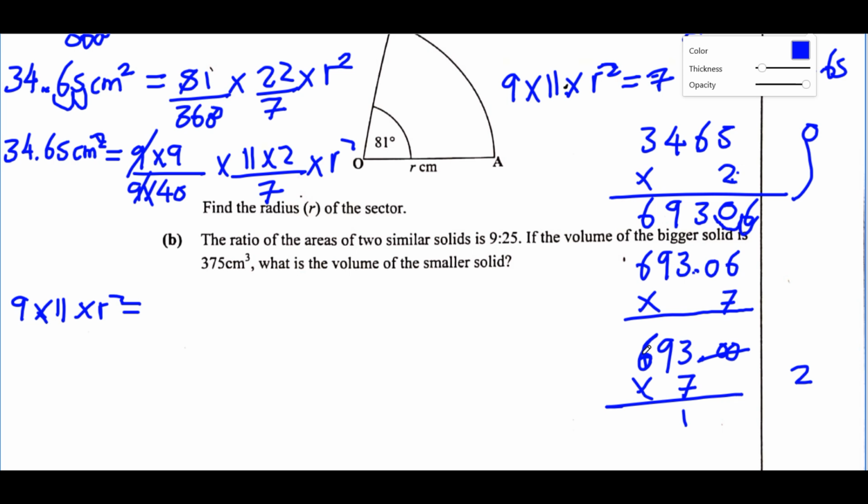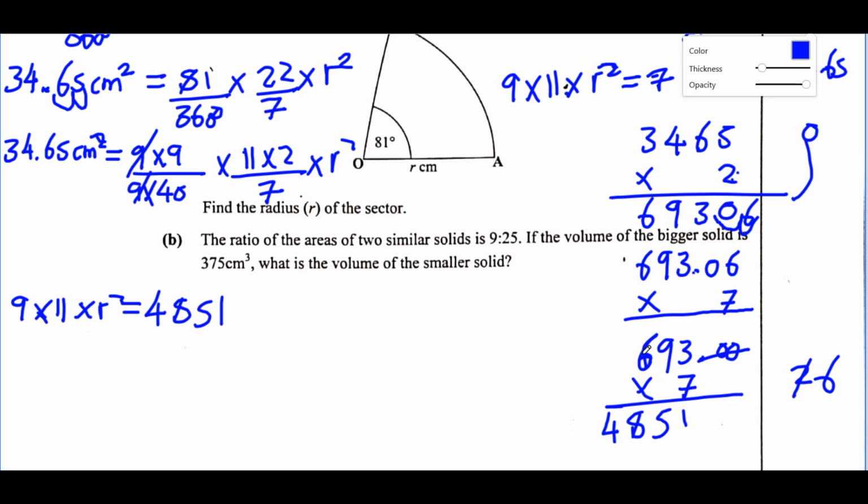So 63 plus this one is the 5. So 5, we keep the 6. Then 7 times 6 is 42. 42 plus 6 is 48. So I'm getting this number, 485.1. So that is the product of those numbers.